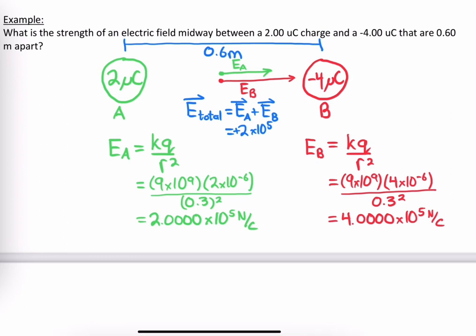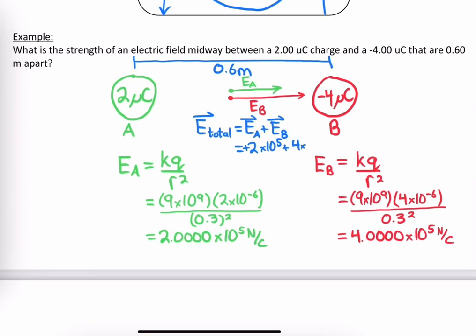And then the electric field coming from B is 4 times 10 to the 5, and it's going also to the right, so I'm going to put that in as a positive number. When I add those two together, I end up getting a positive number, which means my answer is to the right.